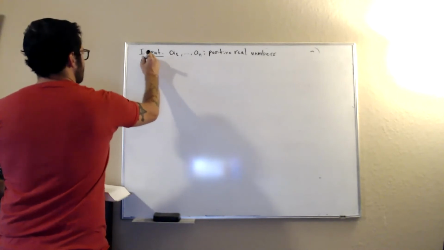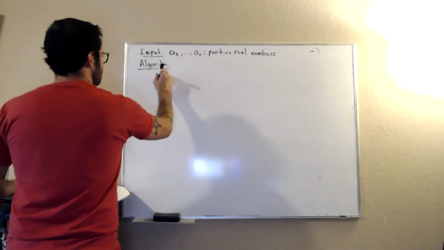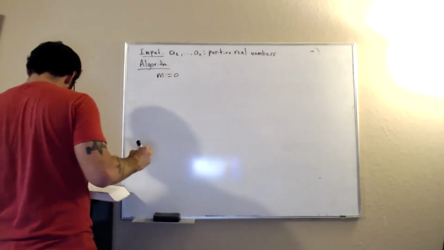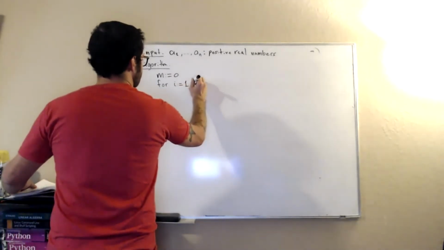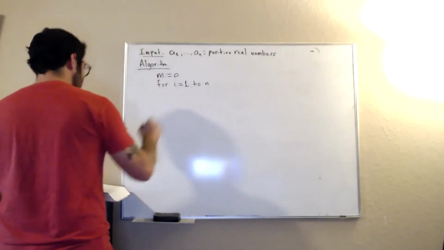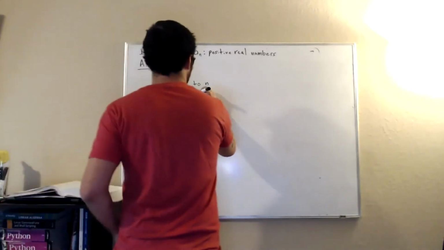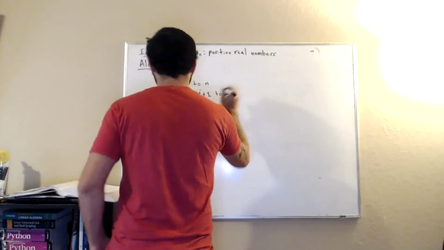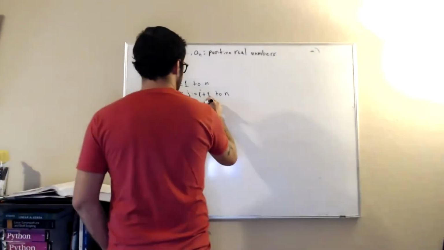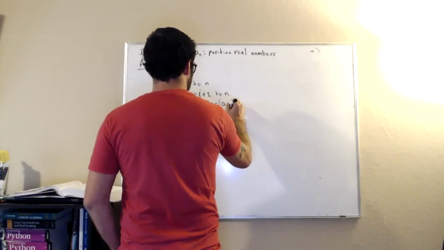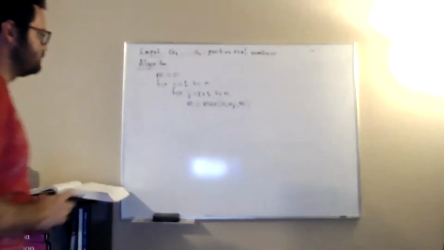So M is equal to 0, and then it says for I equal to 1 to N, for J equal to I plus 1 to N, M is equal to the max of A_I, A_J, comma, M. Okay, so this is the description.